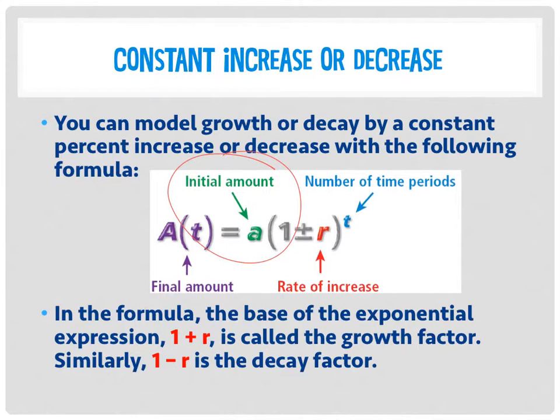If it's a decrease, things like cars depreciate in value, electronics depreciate in value, they become less valuable as time goes on. Let's say they depreciate at a rate of 3%. Now that's a minus because it's a decay, okay? So the growth is plus, the minus is decay.